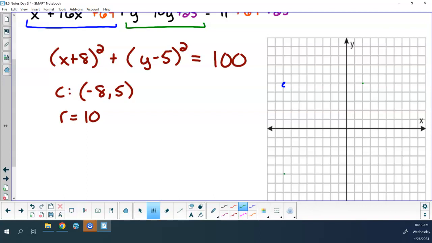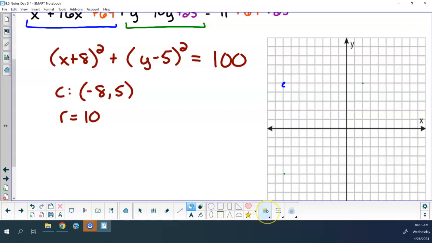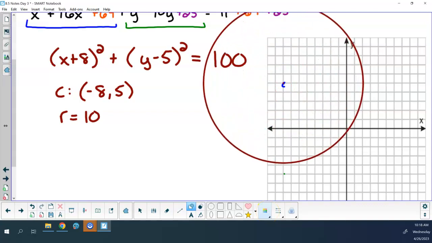And one's kind of off the graph, isn't it? Ooh, my graph isn't to scale. I don't want to use that one.